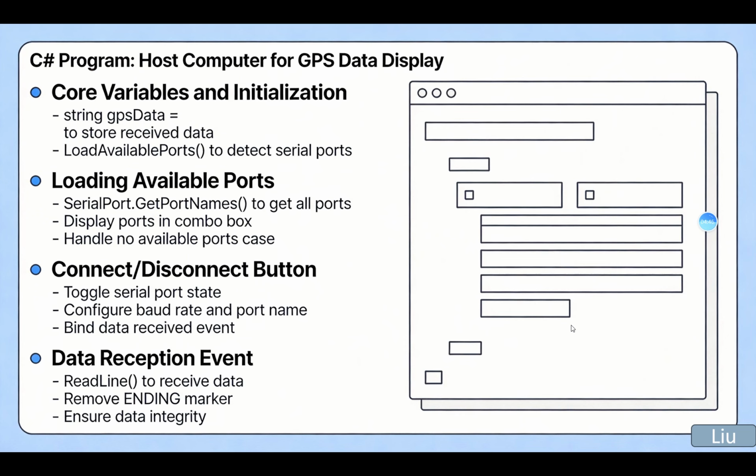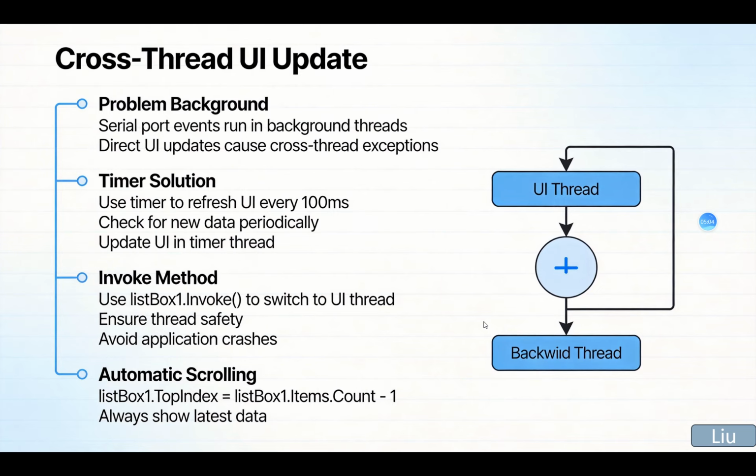The connect and disconnect button toggles the serial port state, and configures baud rate and port name. The data reception event uses ReadLine to receive data, removes the ending marker and ensures data integrity.